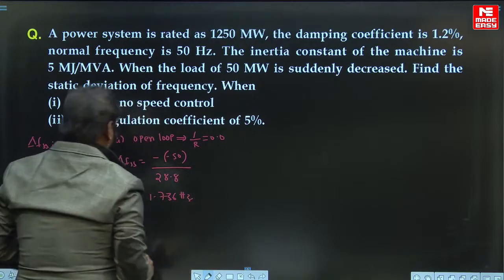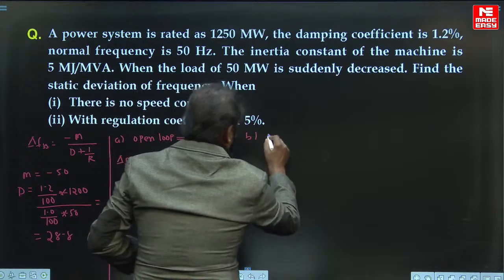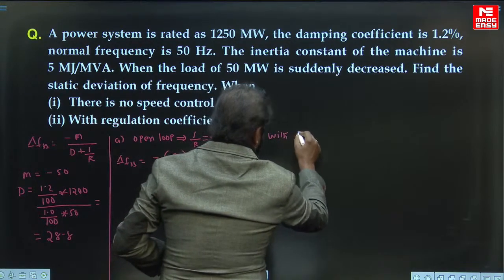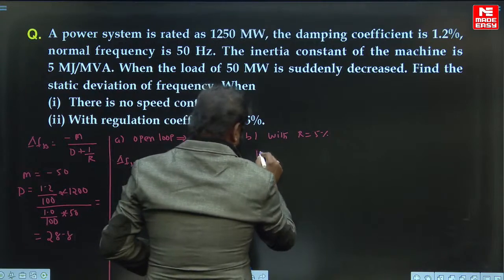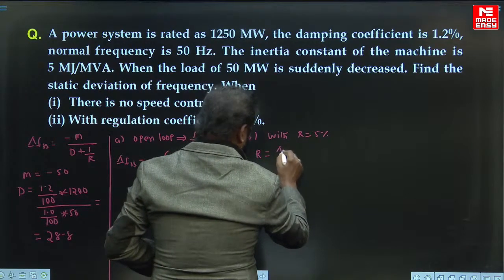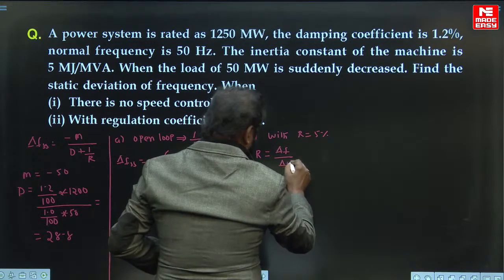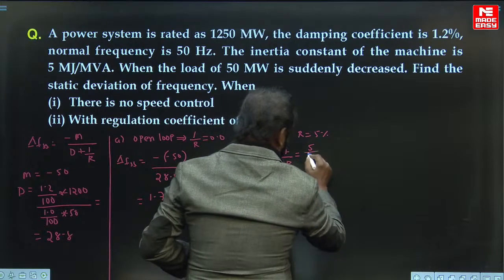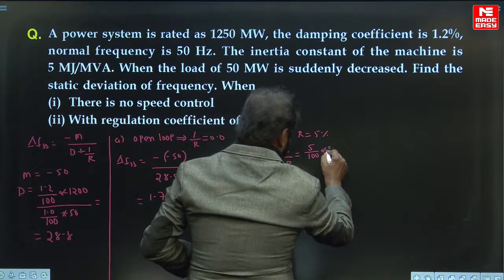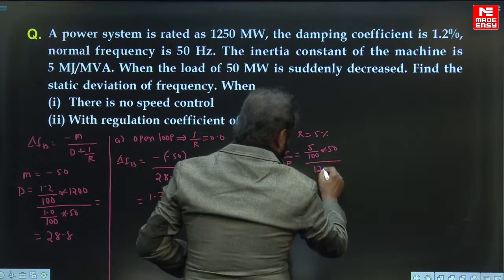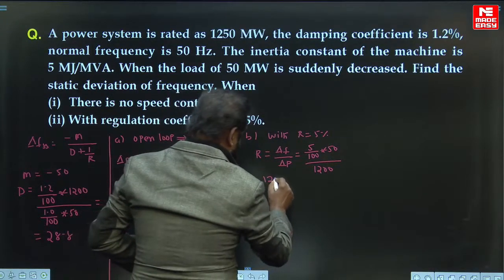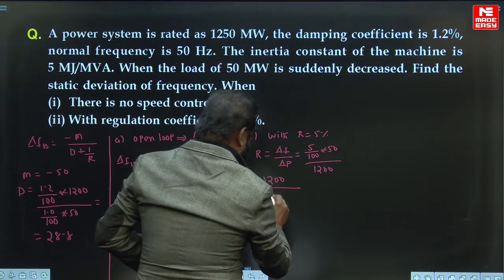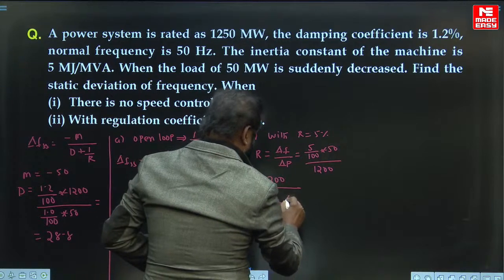Okay. Next, case B, with R equal to 5%. That means R is equal to delta f by delta P, the change in frequency, which is 5 by 100 into 50 divided by 1200. So here you require 1 by R, which equals 1200 divided by 5 by 100 into 50.